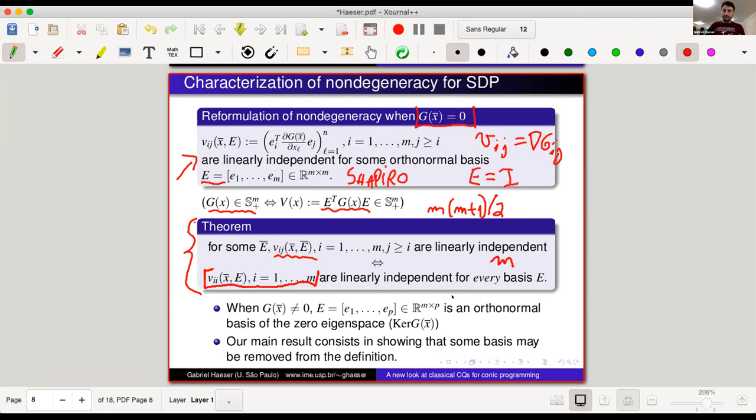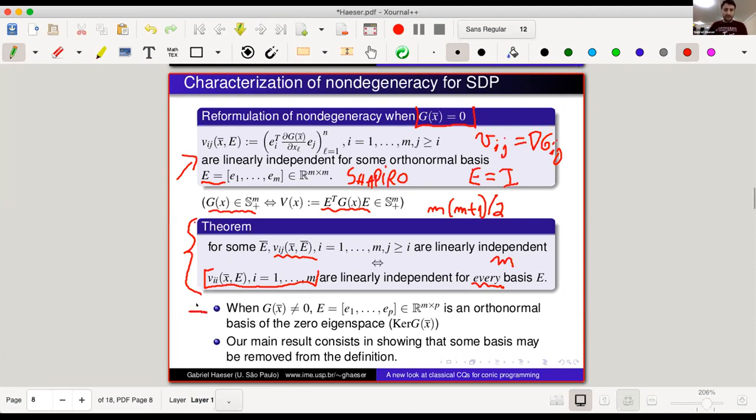But for this equivalence to hold, we must ask this for all basis matrices E. So this is a new view for this well-known non-degeneracy condition. It's a new characterization. Okay, but what is this useful for?